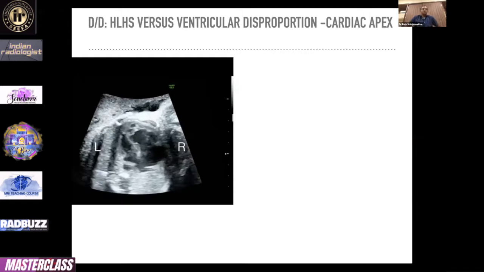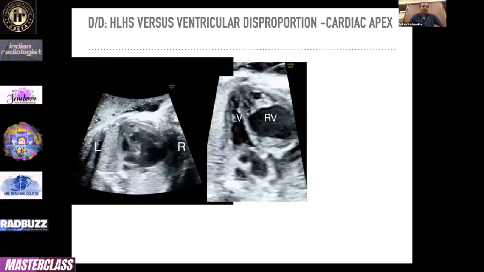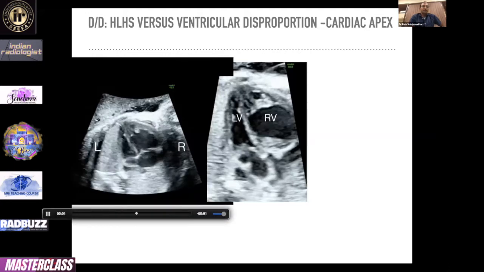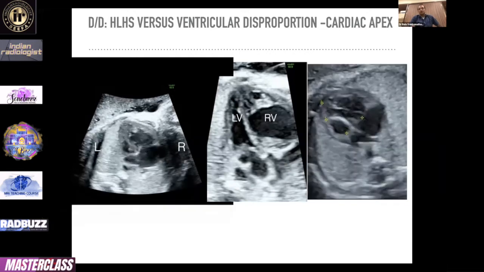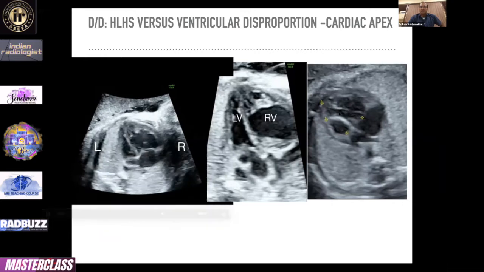So, what is the difference between HLHS and ventricular disproportion or asymmetry? The first thing which we need to look at is the cardiac apex. Here I am showing one picture where you can see that the left ventricle is small, but it is almost reaching till the apex. And this is the other heart where you see the left ventricle is really small and the apex is formed by the right ventricle.